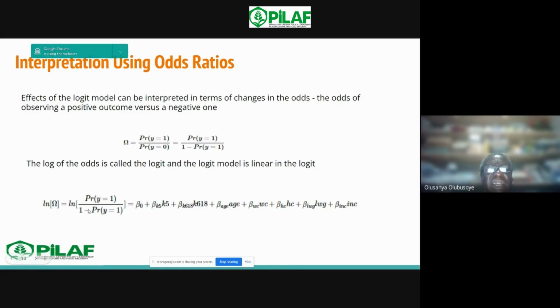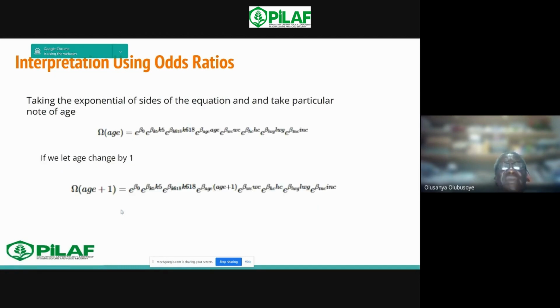And so if I run this regression, my left hand side will actually be the logit, which is the log of the odds.